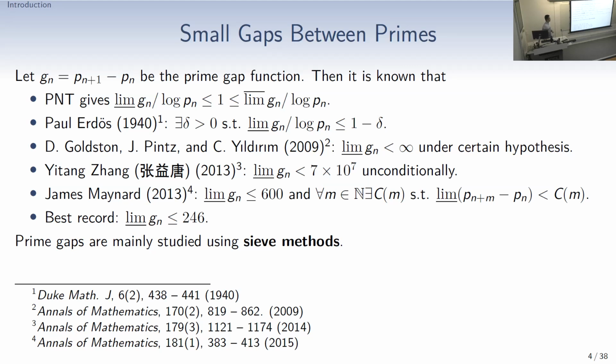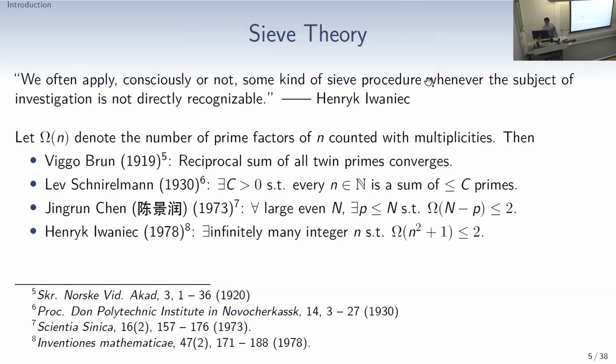And I'm going to introduce what a Sieve method is in the context of analytic number theory. And this is a quote from a Sieve theory textbook by Henryk Iwaniec. He happened to be the reviewer of Zhang Yitang's paper.